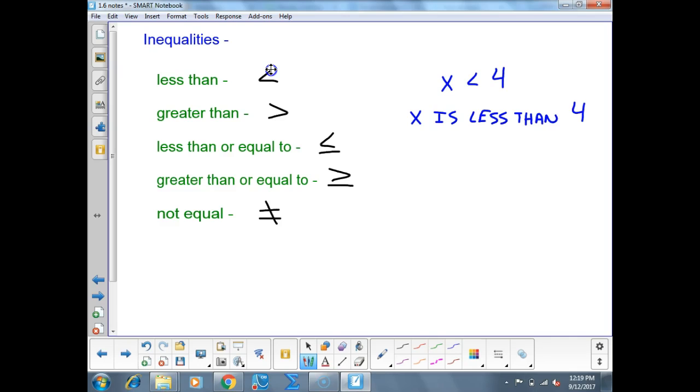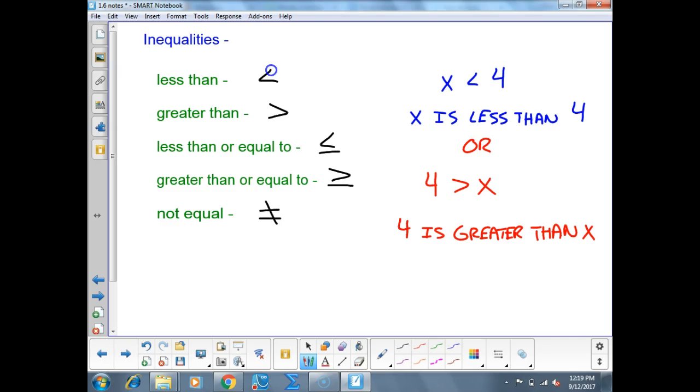But that could also be four is greater than X. Red and blue there are saying the exact same thing.